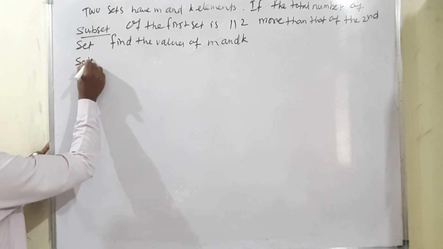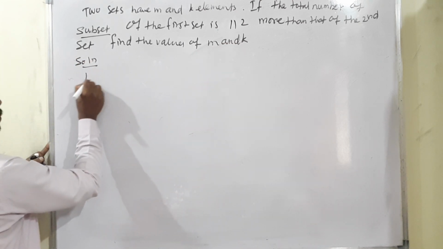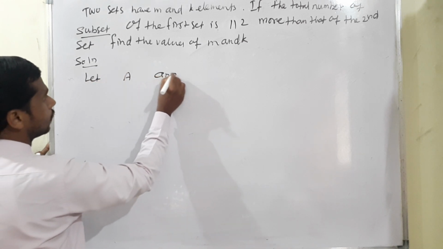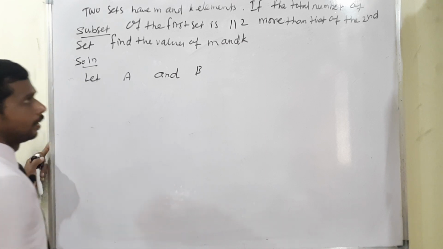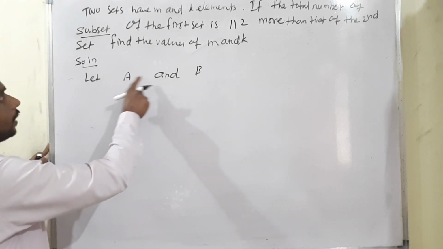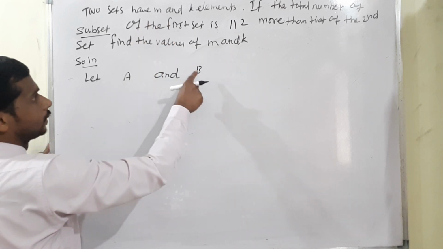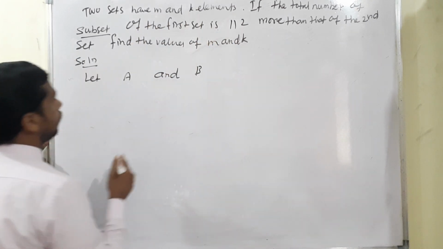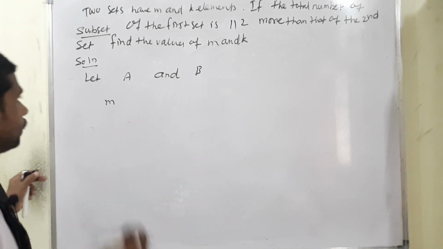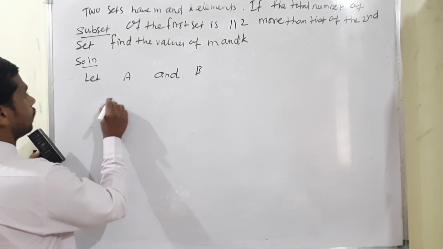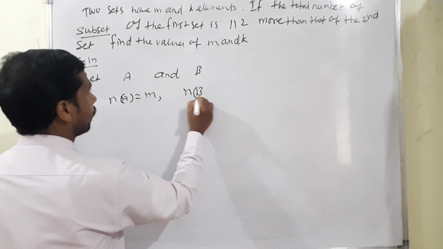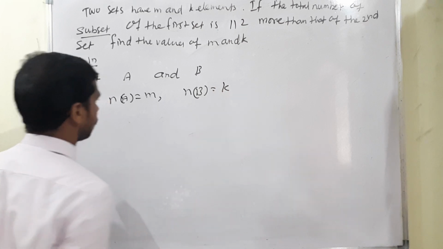So, solution: let us consider the two sets as set A and set B. First set has m elements, second set has k elements. Therefore, number of A is m, and number of B is k.